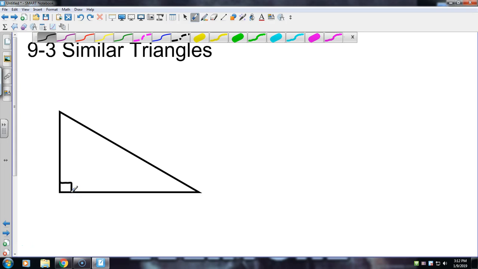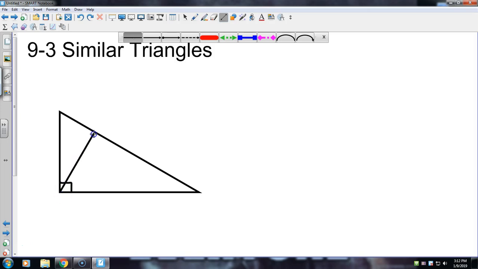So what I'm going to do is create two triangles here, and we're just looking at being able to identify which triangle is similar to which triangle. Let's go with, I want that to be our 90-degree angle right there.